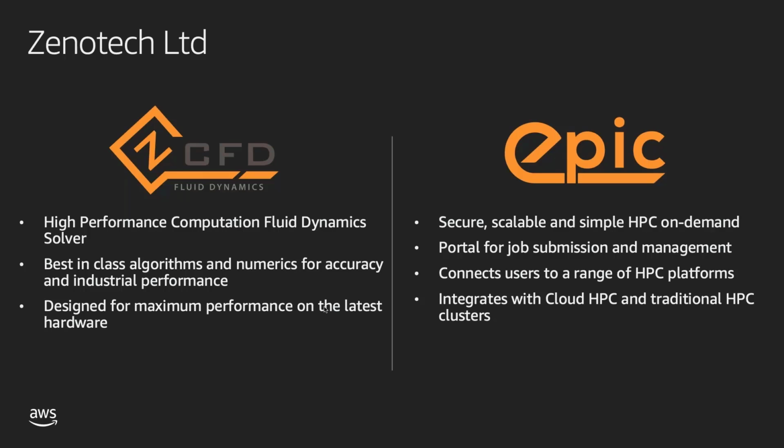And that worked quite well for us, and was also a fairly common request from our initial customers. So we took what we were doing and customer requirements and developed that into its own product, which became Epic. So it's really a portal for job submission and data management that allows our users access to a wide variety of on-demand high-performance computing, both traditional supercomputing and cloud-based HPC. So that's Epic in a nutshell.